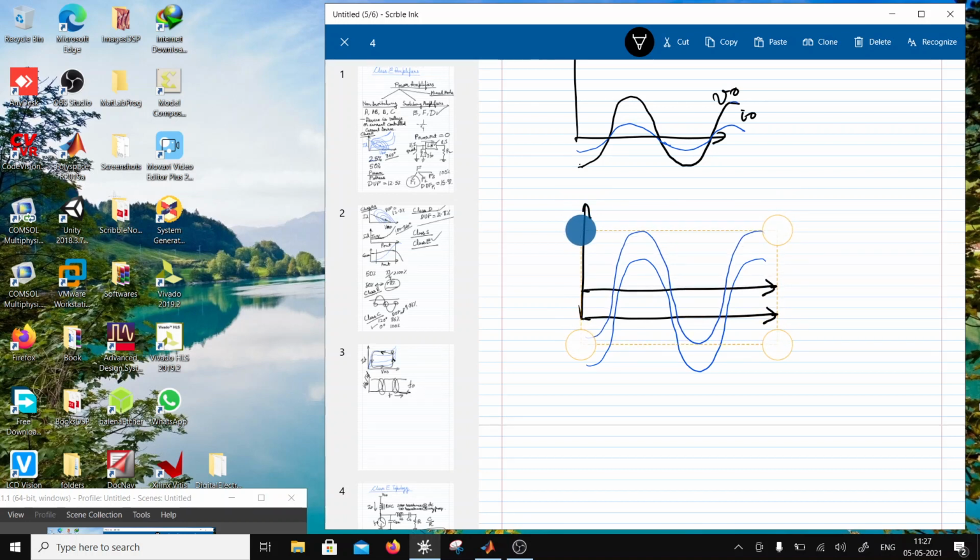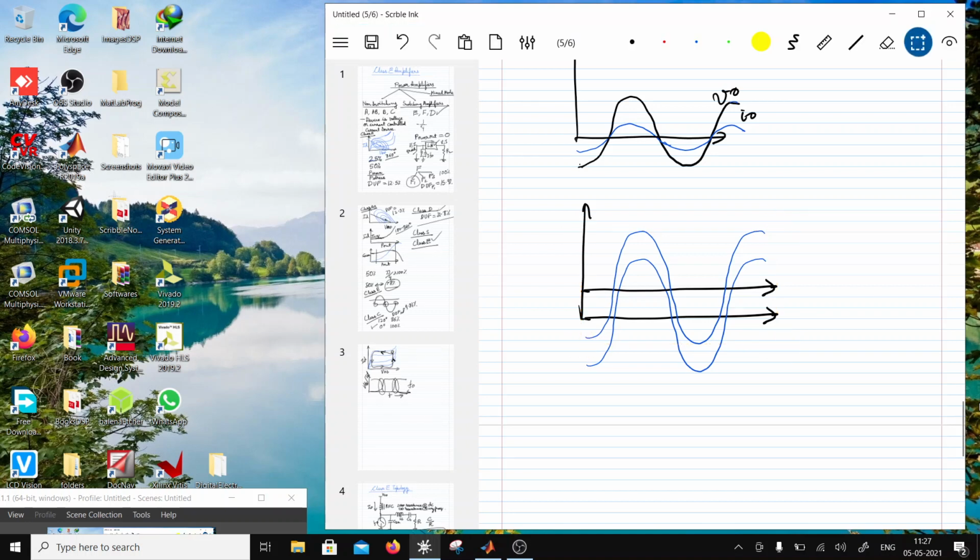So this is the output current, which is a dotted one, and then you have a DC shifted sine wave which is flowing through the switch and capacitor combination. So this is IDC.